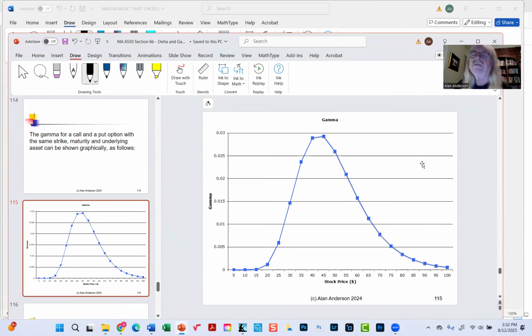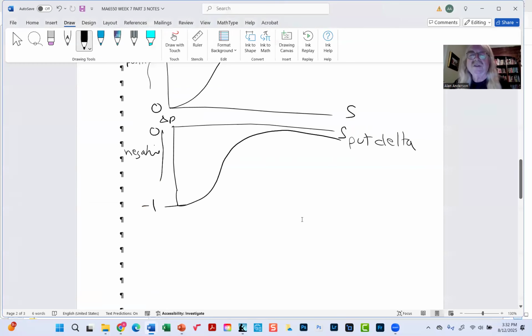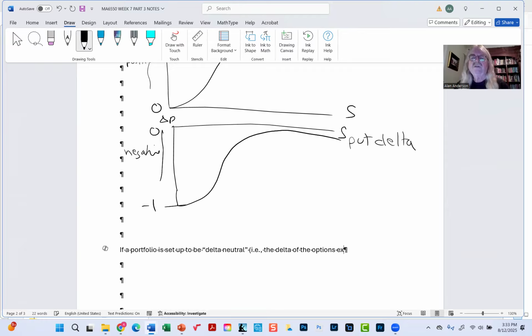And so basically what this means is, as a trader, here's one of the consequences of gamma. Say a portfolio is set up to be delta neutral, which means the delta of the options exactly offsets the delta of the underlying asset, in this case stocks, so that the total delta is zero.